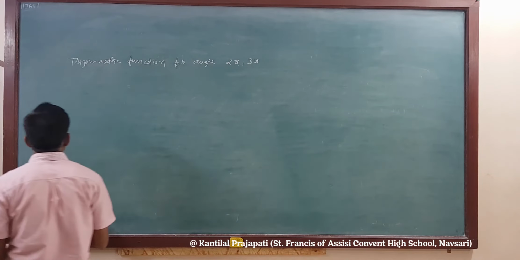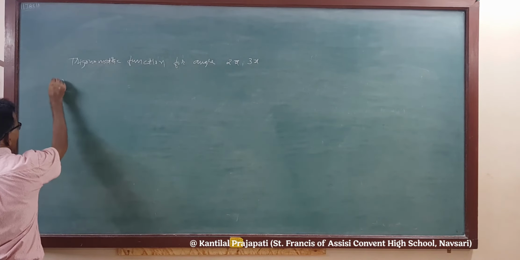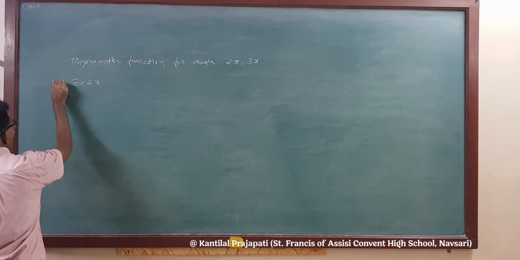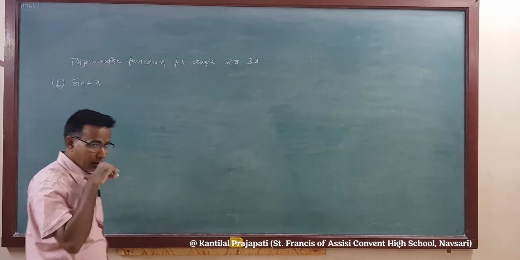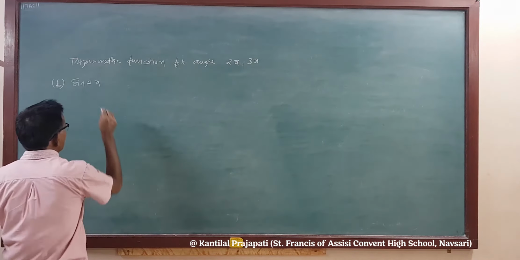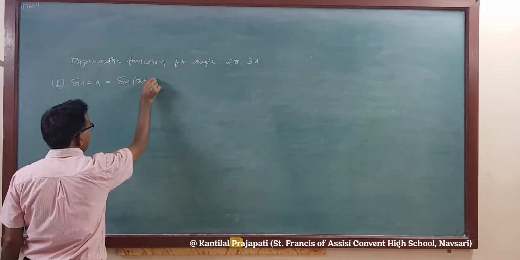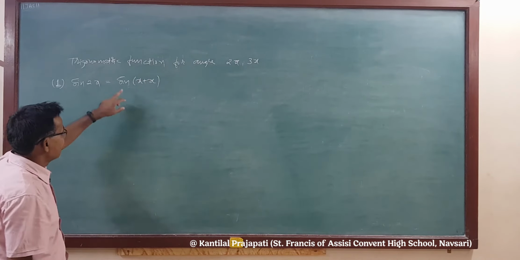Now first we derive the formula number 1, sin 2x. Right? The sin 2x. So we know the addition formula, sin(x + x). So what is sin(x + y)?